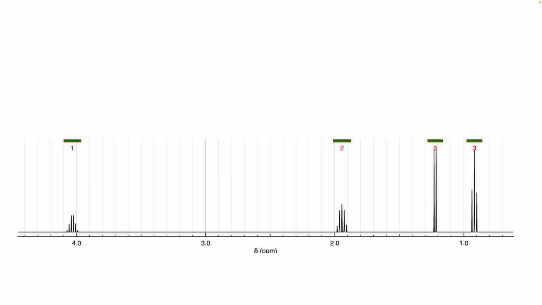So for example, this compound here has a chemical formula of C4H9Cl. And there are several different molecules that you could draw with that same chemical formula. But the only one that would correspond to this NMR spectrum right here would be 2-chlorobutane.